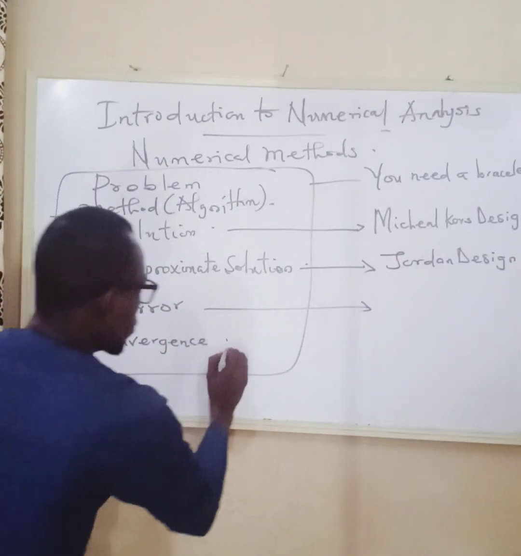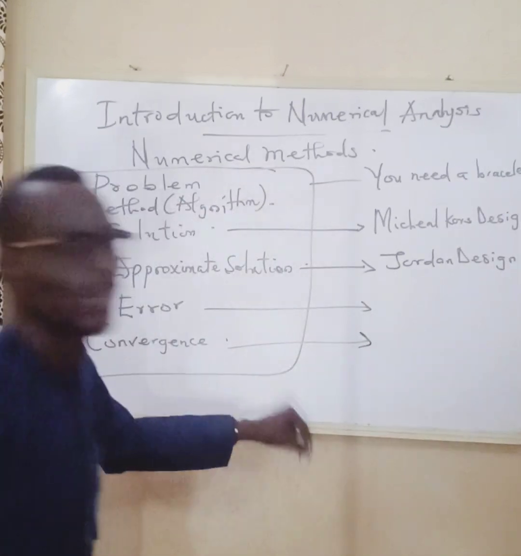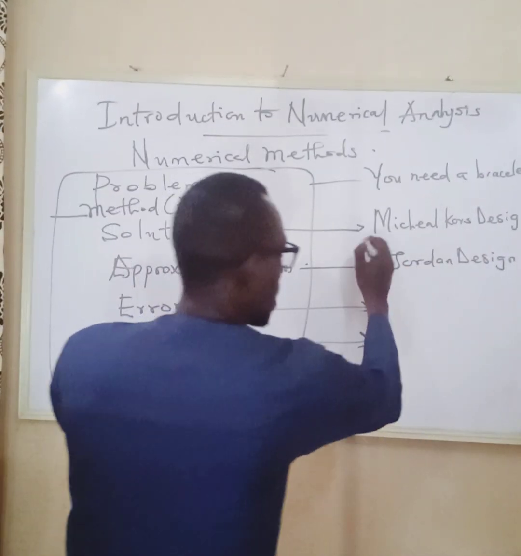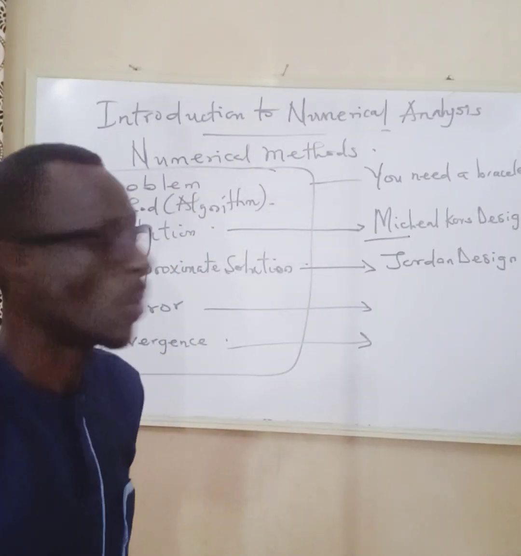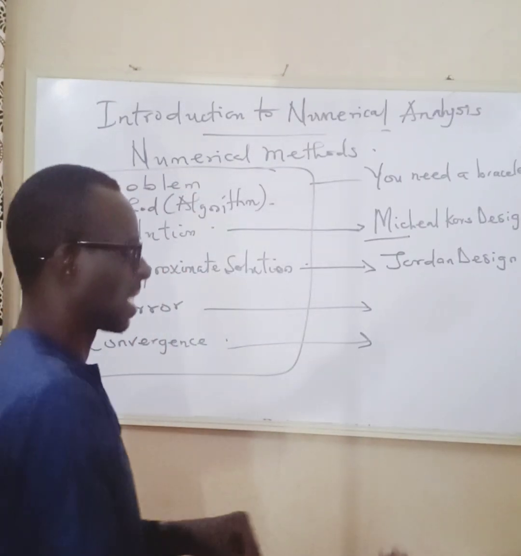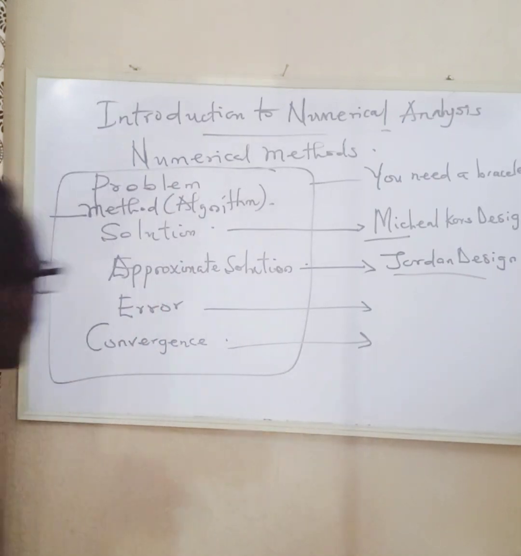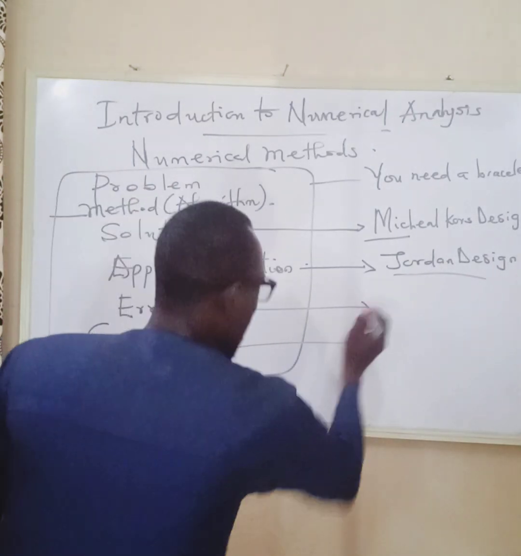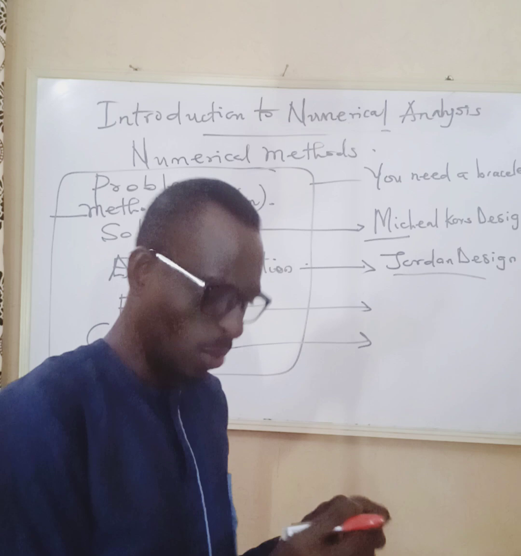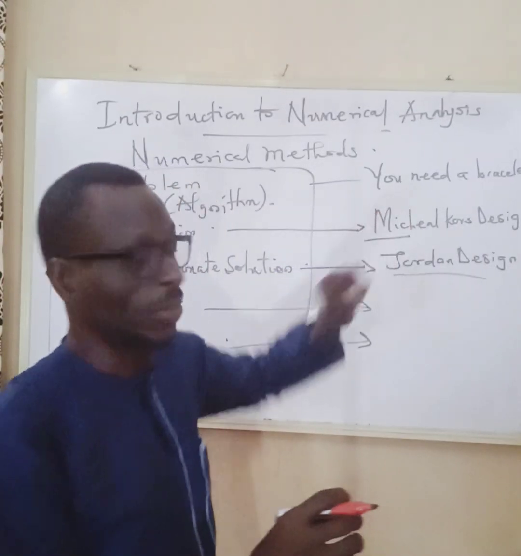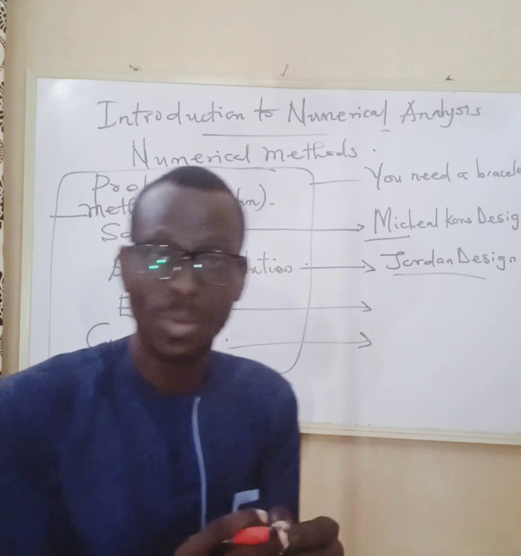So that leads us to what? Convergence. Because it is very close to what Michael Kors has done, by a Jordan designer. So this has an error. It could be a small thing that differentiated Michael Kors from Jordan, but it's still acceptable.